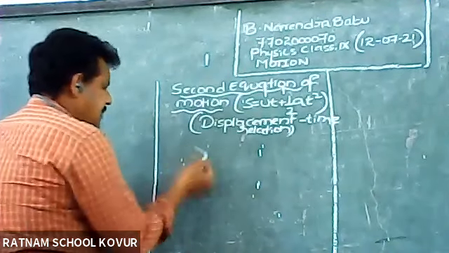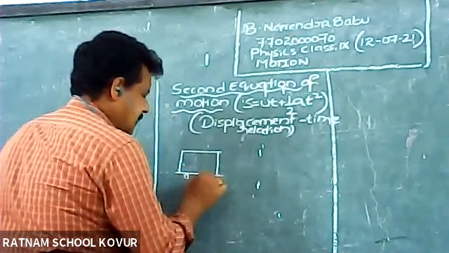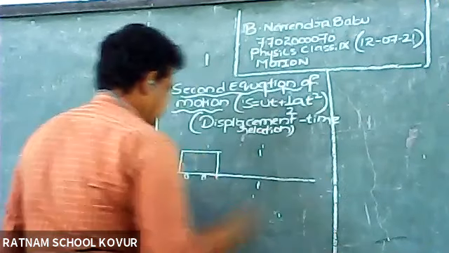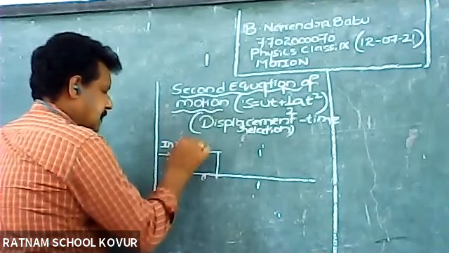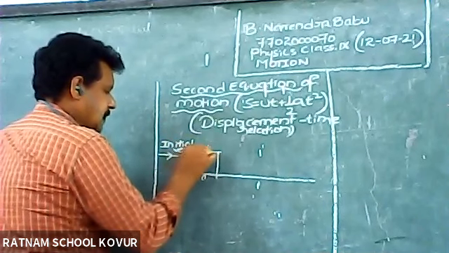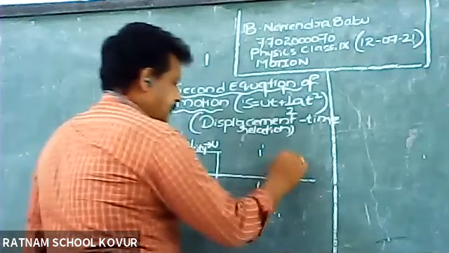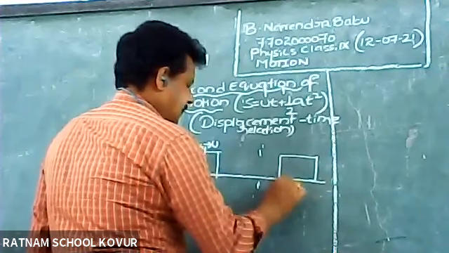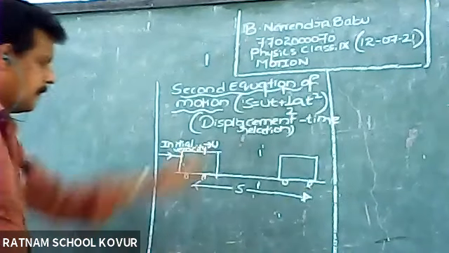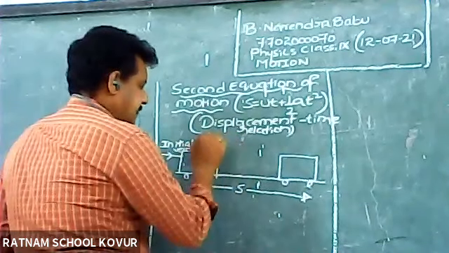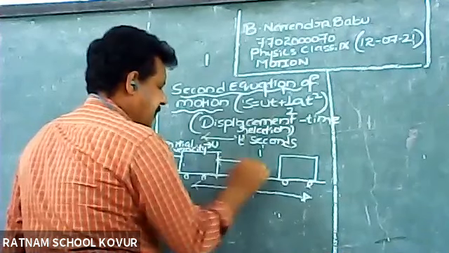Now consider one vehicle which is moving in a straight line with initial velocity u, and it has traveled a distance s, the displacement, within a time of t seconds, and it is moving with uniform acceleration.